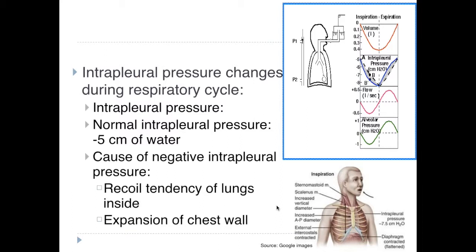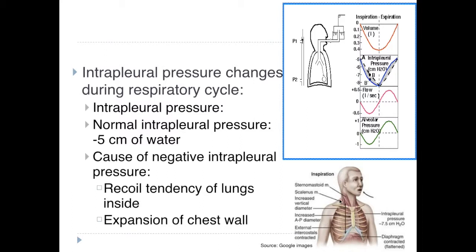Recoil tendency of lungs is because of elastic fibers present in the alveolar wall, which are under continuous stretch. And second, surface tension of the fluid that lines the alveoli, due to which alveoli tend to become progressively smaller and they collapse.